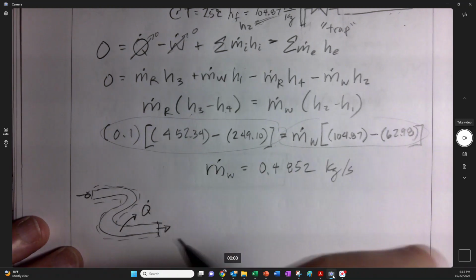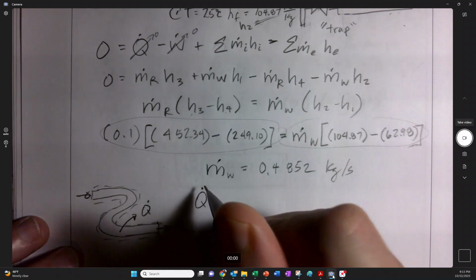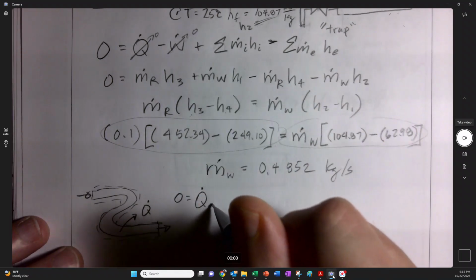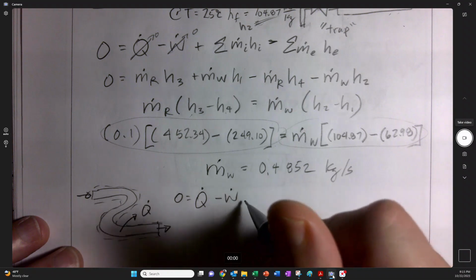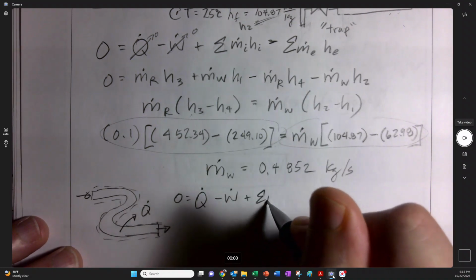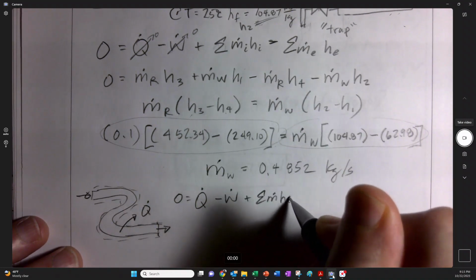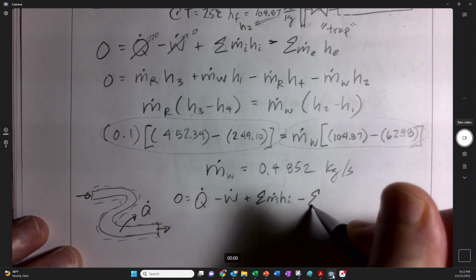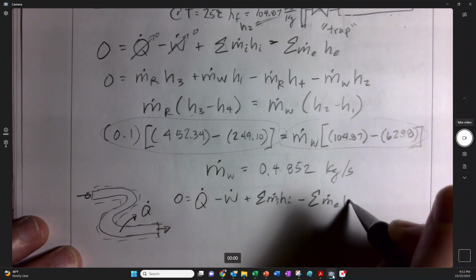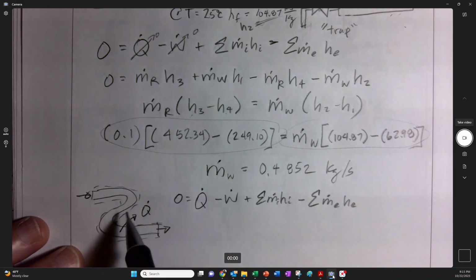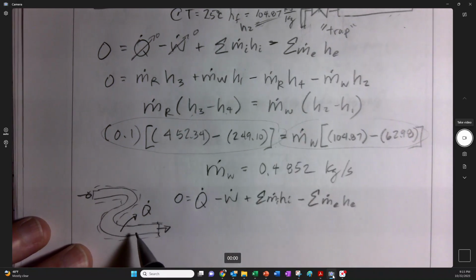So in that case, we'd say dE/dt equals Q minus W plus summation m dot in minus m dot exiting. This one would be for the refrigerant.